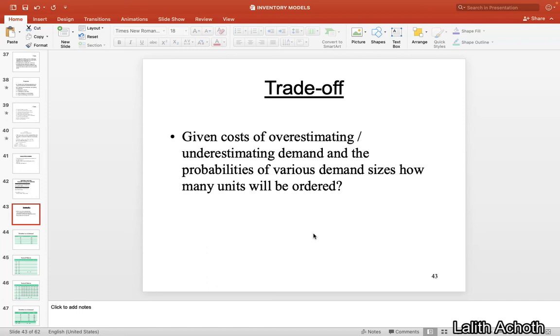So first what we do is we prepare what is called the trade-off matrix. Given the cost of overestimating or underestimating demand and the probabilities of various demand sizes, how many units should we order?